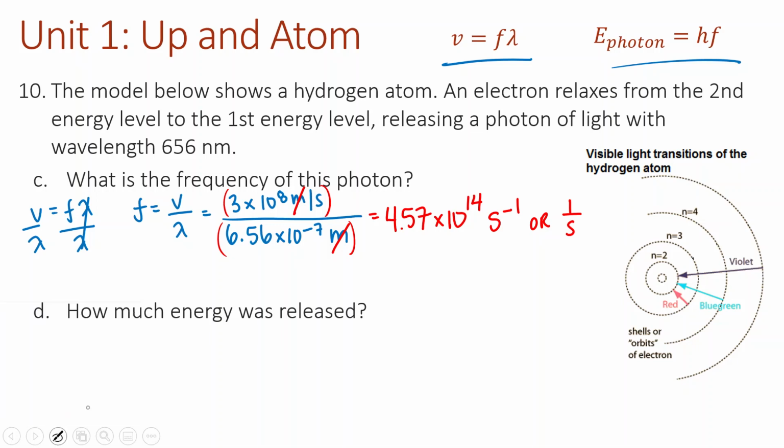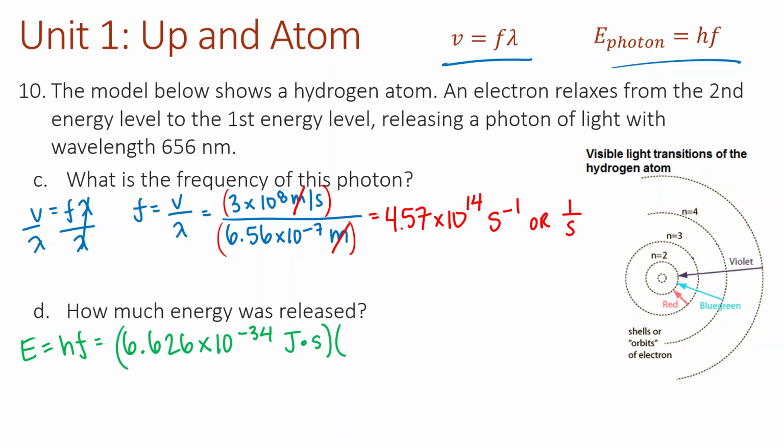Now that we've found our frequency, we can calculate energy. Energy is equal to h times f. h is just a constant called Planck's constant. It is 6.626 times 10 to the negative 34, and the units here are joules times seconds.